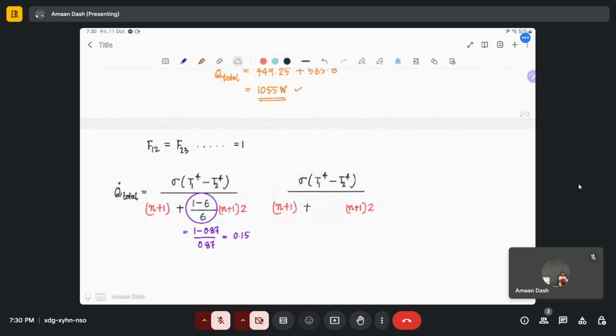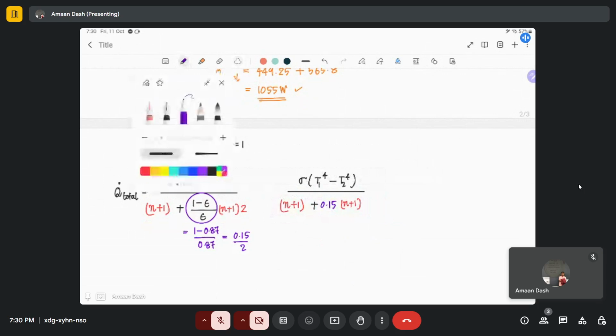Now the next is this one. Instead of 1 by epsilon we will be having a total of n plus 1 such interactions. Okay.